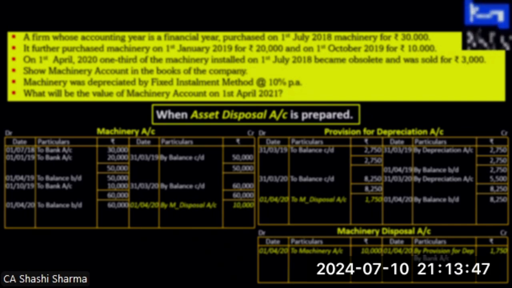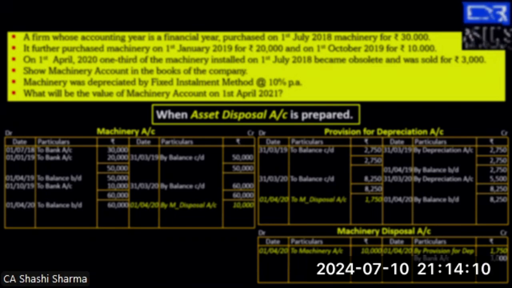And for the receipt of sale price, we will credit this amount to the machinery disposal account. Rupees 3,000 were received on its sale. So this 3,000 has been credited to machinery disposal account.